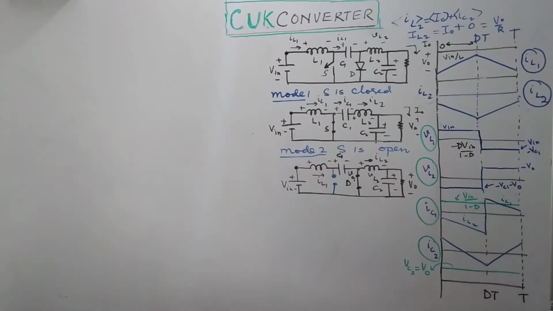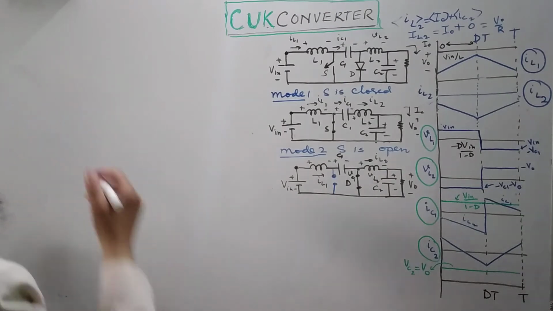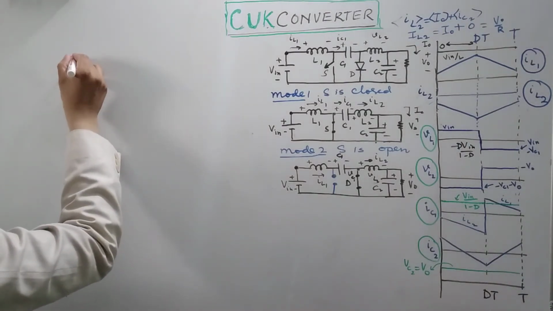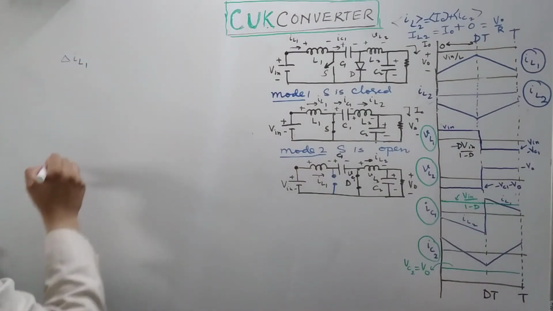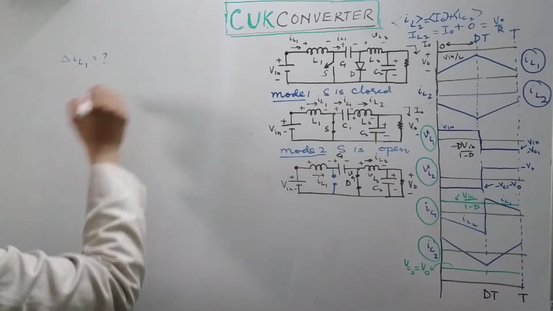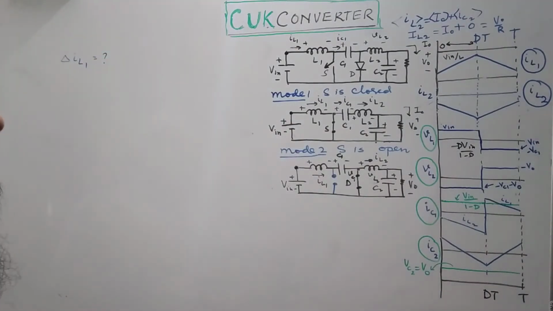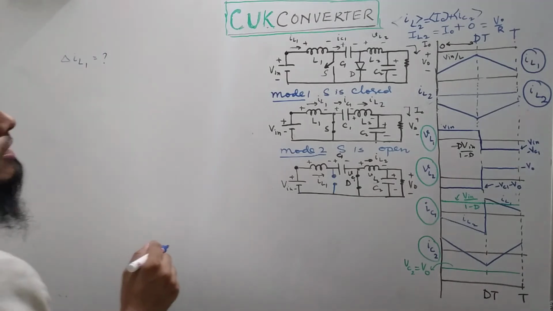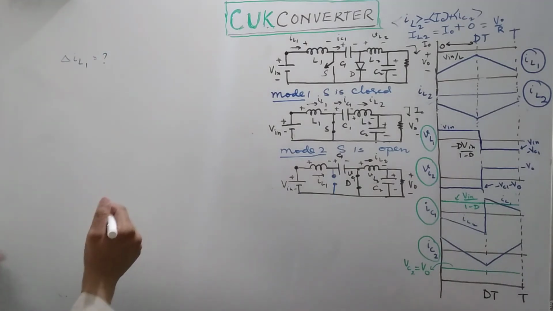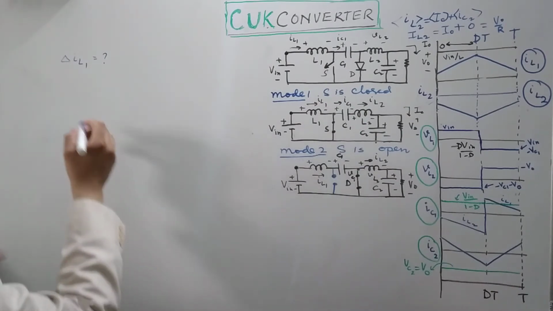Now let us find out the current ripple. Let's start with delta IL1, the current ripple in inductor 1. We can easily find it from the mode 1 equation for IL1.